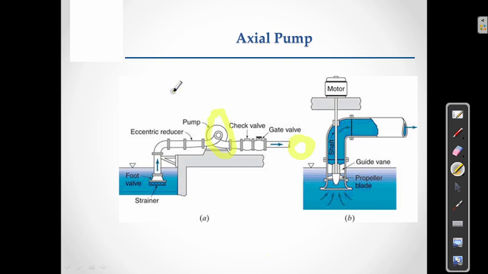Already I said that if it is a pump, there is an external motor connection, and this motor has an external power supply here. If you see this diagram, the pump is externally connected with a particular motor.